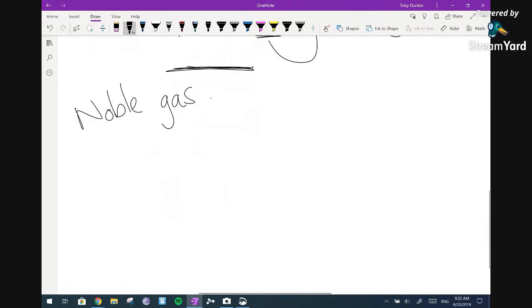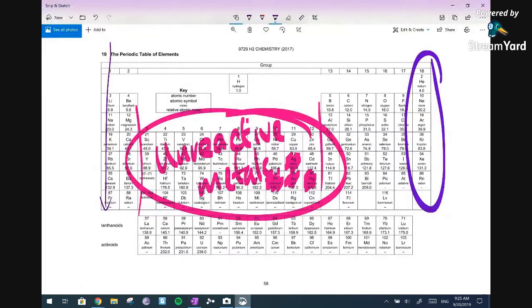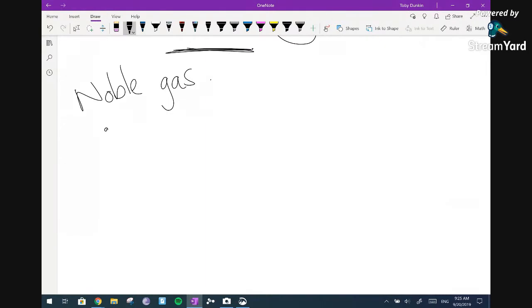And the reason why he discovered them and the story behind it is because the table had been built and these guys weren't there. The whole group was missing as we started, and the reason why is because they're very hard to find. The noble gases are very unreactive, and they were some of the last elements to be discovered.